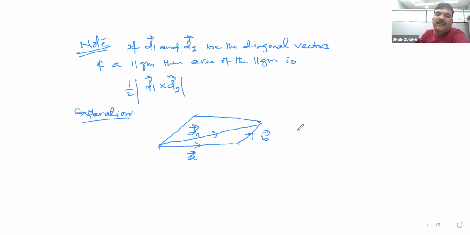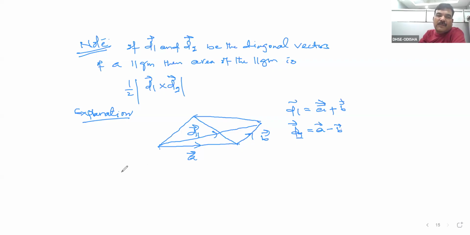So d1 is equal to A plus B, and this is vector d2. d2 is equal to A minus B. Clear?